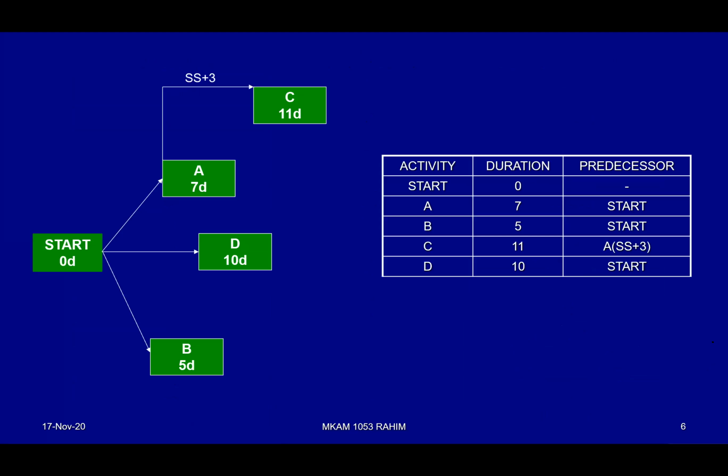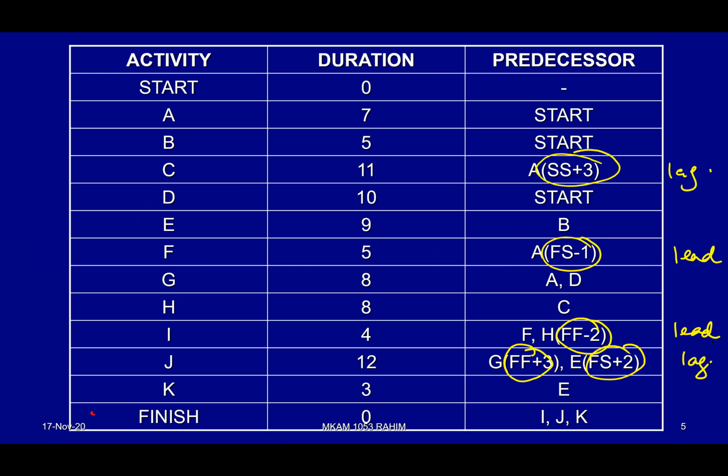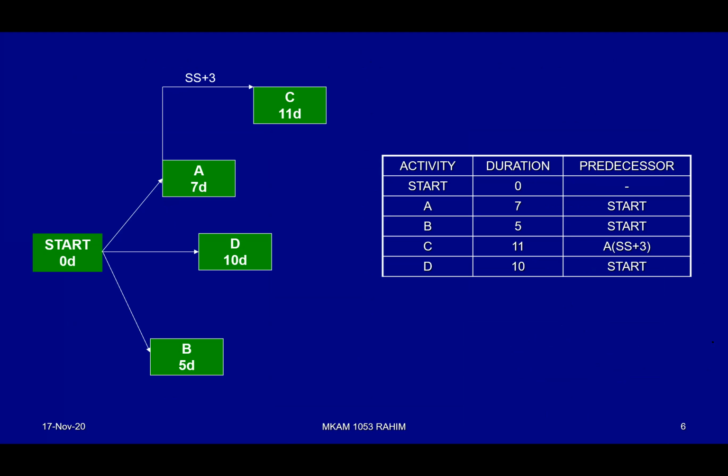Okay, first things first, when you get this kind of information to be used in a test or exam, because we are talking about an academic exercise, you must be able to draw the diagram. How to draw the diagram?